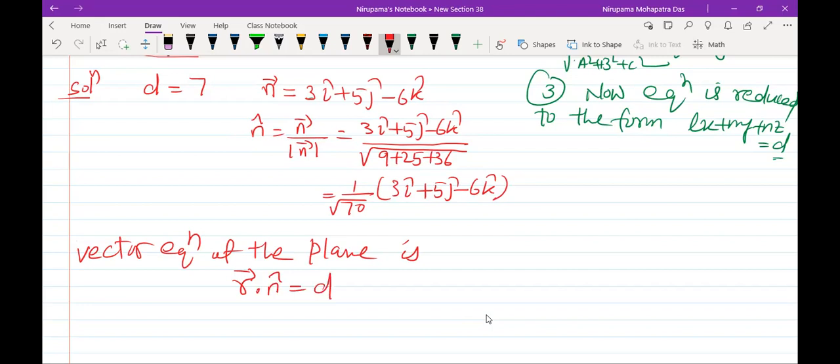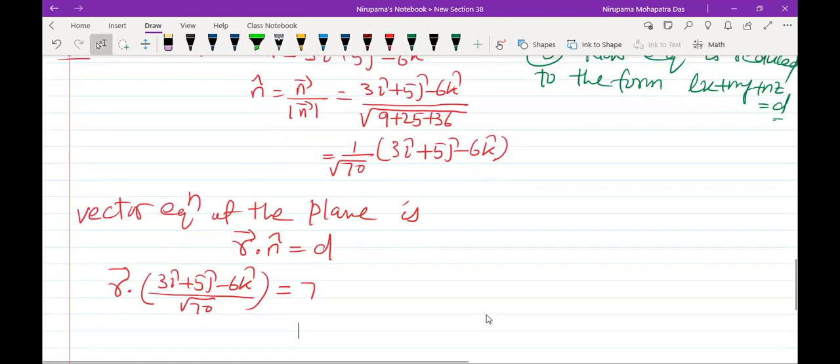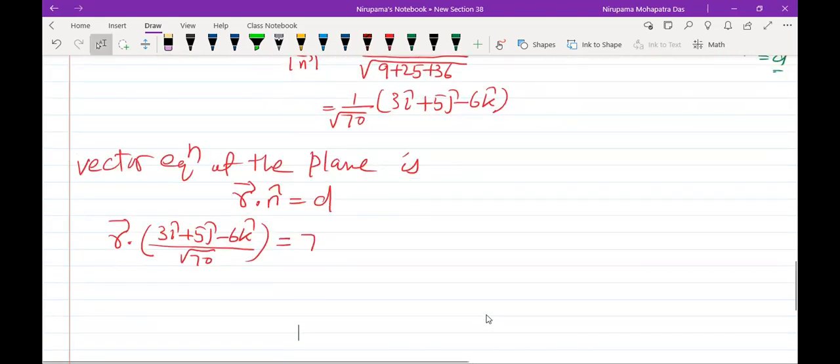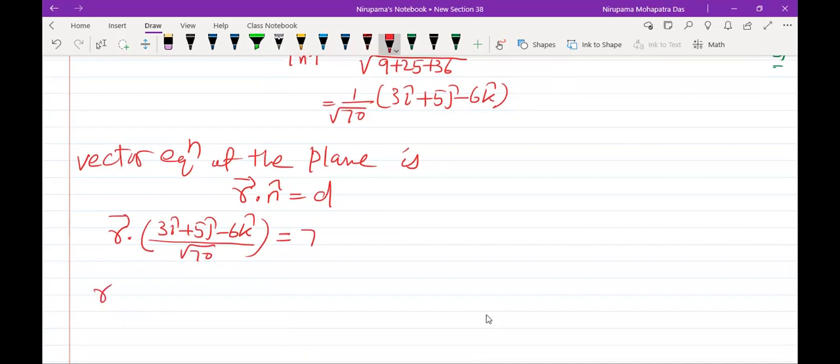That means r dot (3i plus 5j minus 6k divided by root 70) is equal to 7. So your conclusion should be: r dot (3i plus 5j minus 6k) equal to 7 root 70.